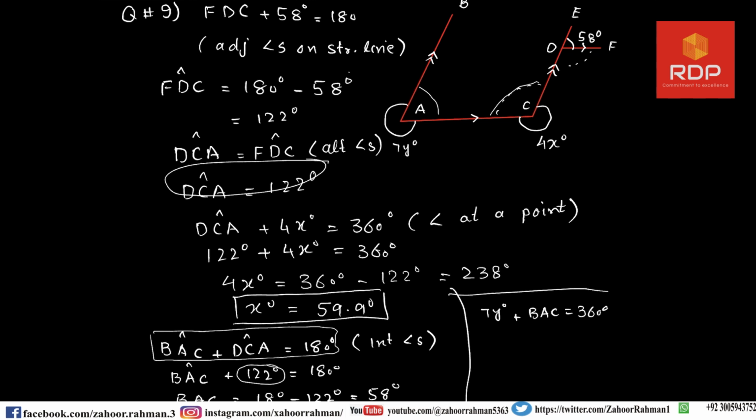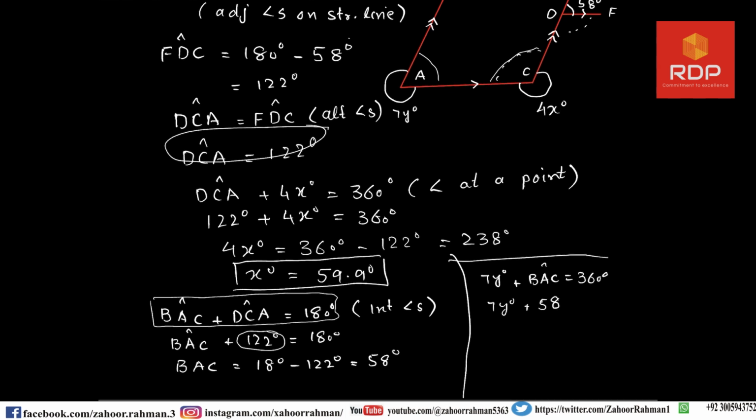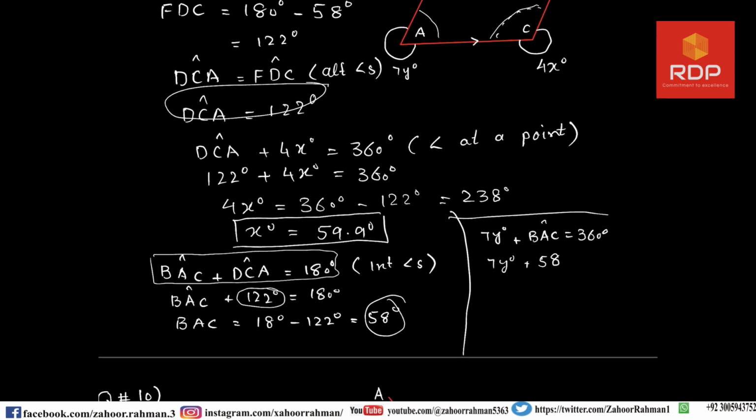So we wrote this one, and here we have 7y plus BAC, and we found that BAC is 58 degrees, which is this one. From here we found it, and now there is 360 degrees.